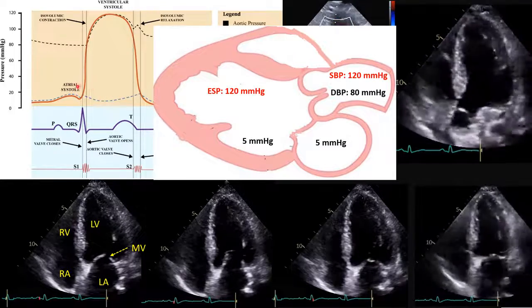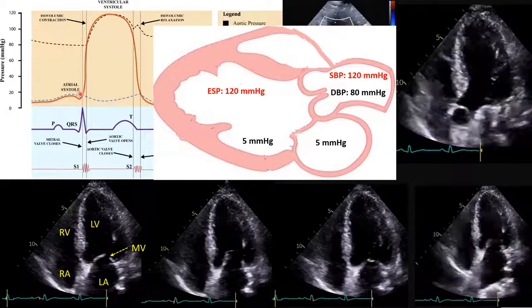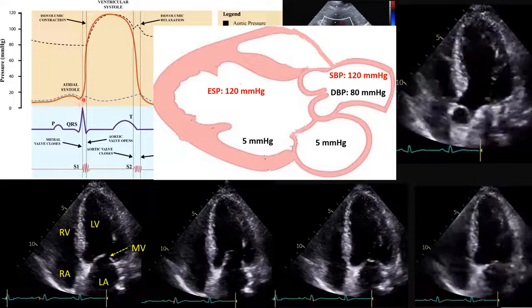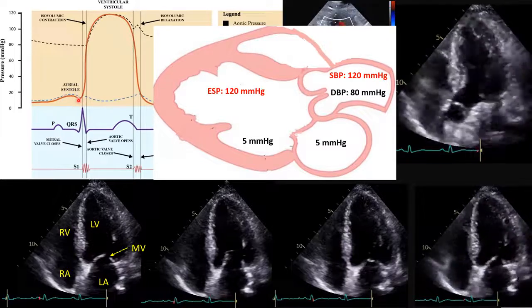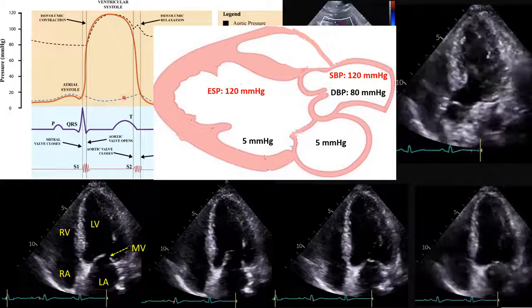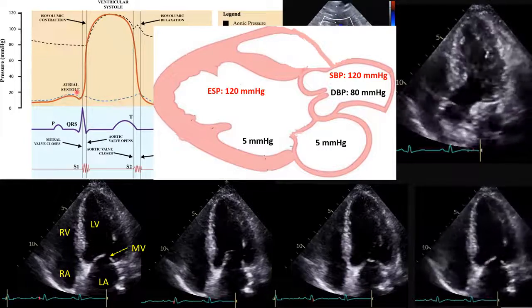But the systolic time is from the R wave to the closing of the mitral valve and the closing of the aortic valve.